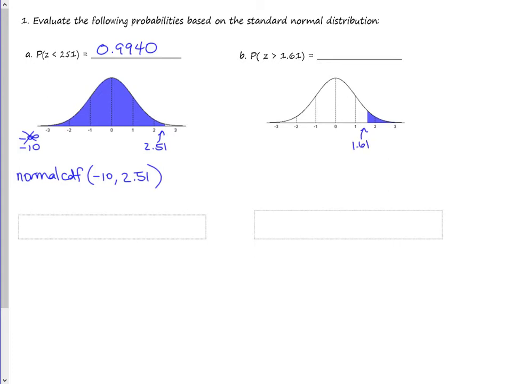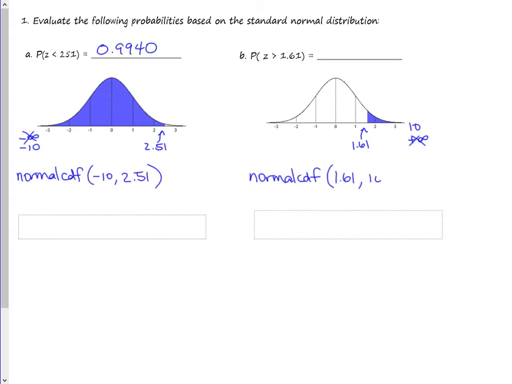But the area that's shaded now is to the right of 1.61 because it's z greater than 1.61. So I need to go from 1.61 up to positive infinity, which, like last time, we'll just use positive 10. So on the calculator, I'll use the function normal CDF, because that's the function that finds the area underneath the normal distribution curve.